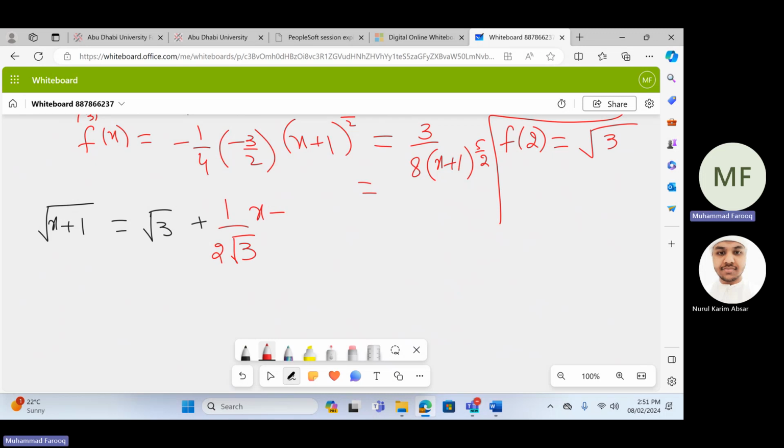How much is a? 2 power 1, divided by 1 factorial. No need to write power 1. No need to write 1 factorial. If you want, you can write 1 factorial. No worries, because 1 factorial is 1.